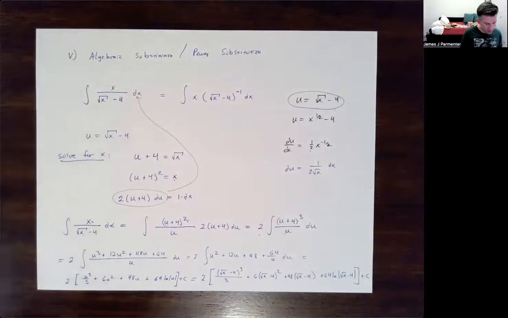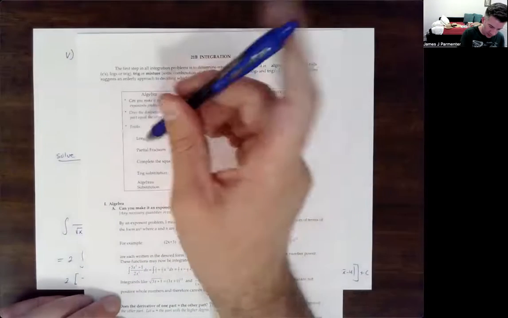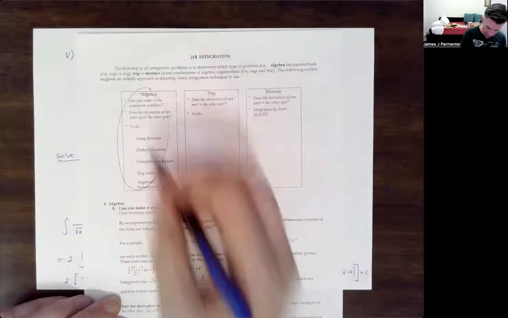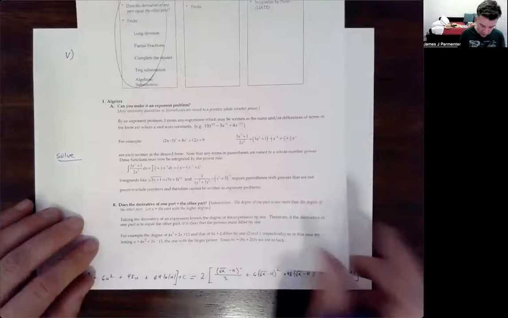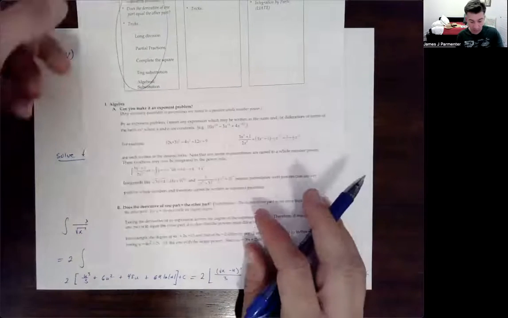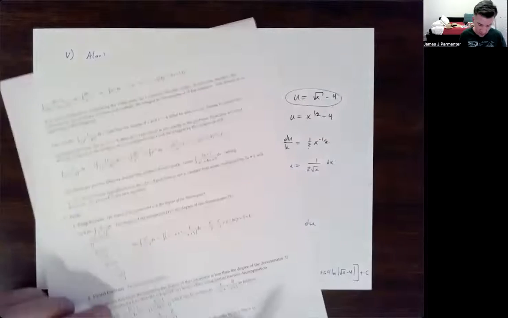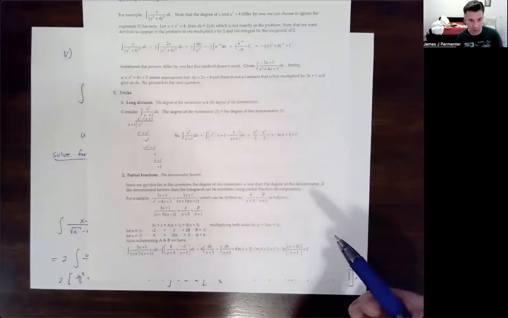Okay, here we go. So again, so far what we've covered in this handout is just the algebra section. We talked about making it a powers of x problem. We talked about does the derivative of one part equal another part, aka is it a u sub problem. We talked about tricks like long division. Sorry, it's getting a little blurry there.